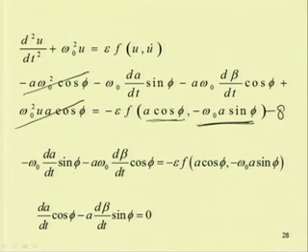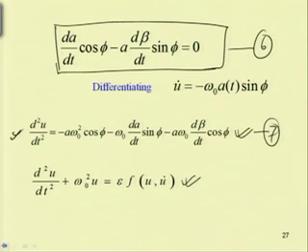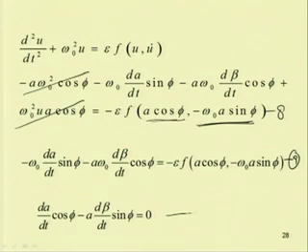This equation reduces to minus omega 0 dA/dt sin phi minus a omega 0 dβ/dt cos phi, equal to minus epsilon f(a cos phi, minus omega 0 a sin phi). This is equation 9, and again we have equation 6 here.